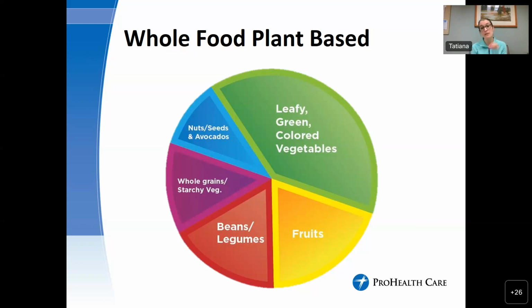We see that there is a very big emphasis on vegetables, especially our leafy green vegetables. We've got some fruits, and then our whole grains or our starchy vegetables, things like your potatoes or sweet potatoes, corn, peas, right? These are higher starch foods, still considered a vegetable botanically, but we're going to put them in the same category as things like quinoa or wild rice.